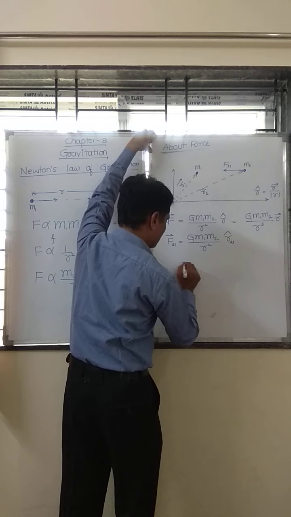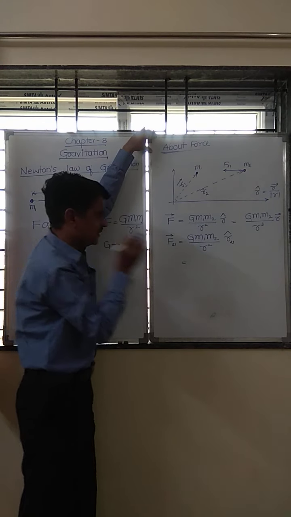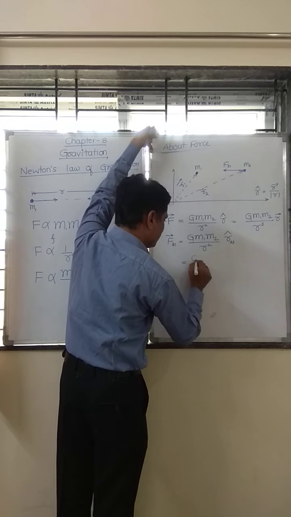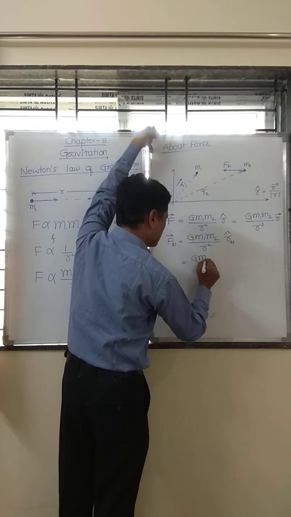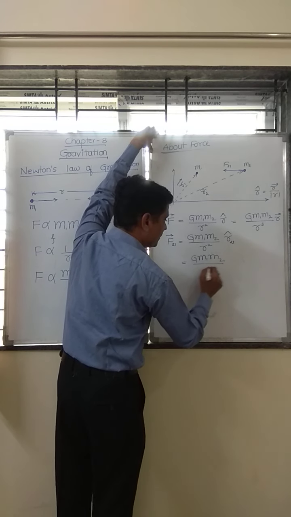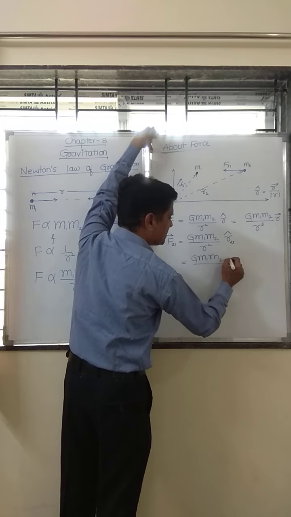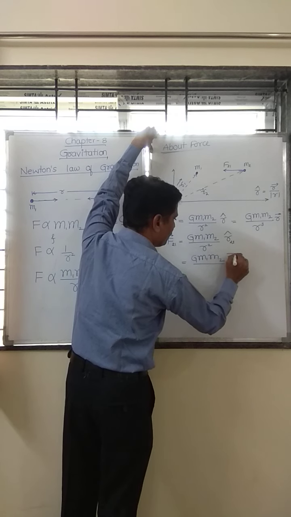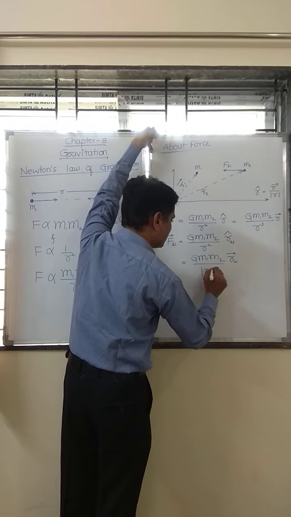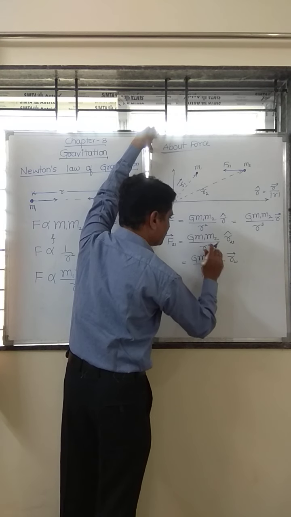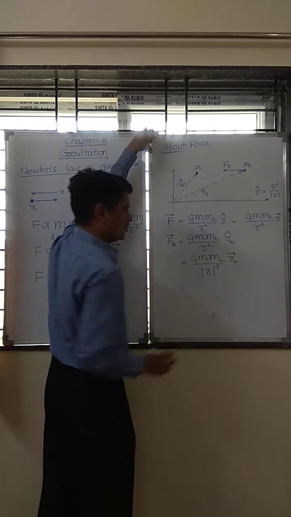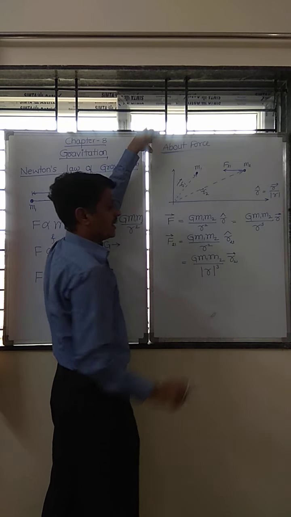Here in vector form also I can write capital G m1 m2 by, see, how do you write this vector? Vector r21, its magnitude is like this, cube. Then how do you write r21?